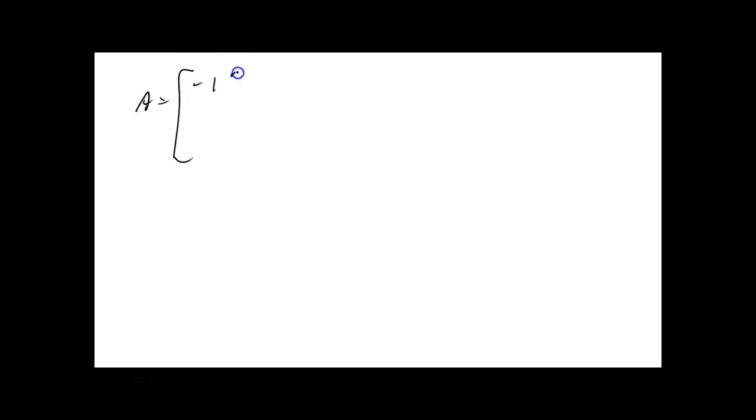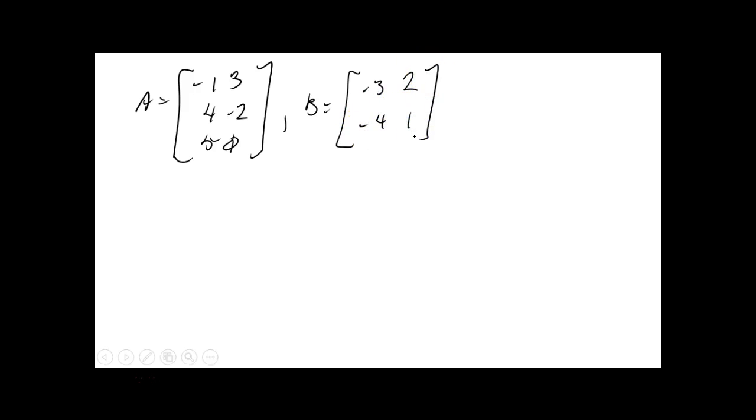Here's going to be our matrix A: -1, 3, 4, -2, 5, 0. Here's matrix B: -3, 2, -4, 1. First question, can you multiply A times B?